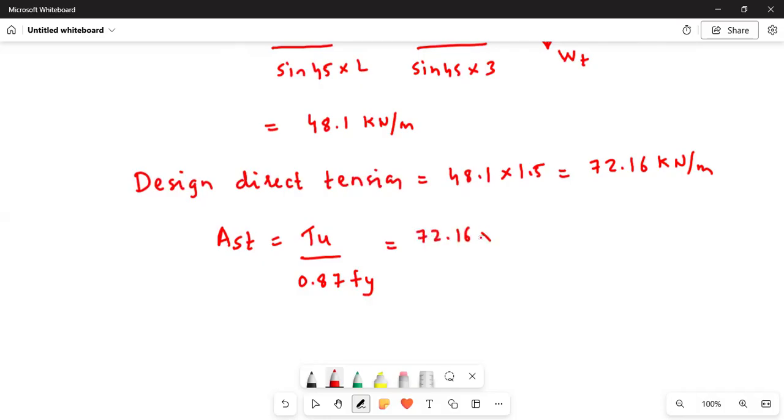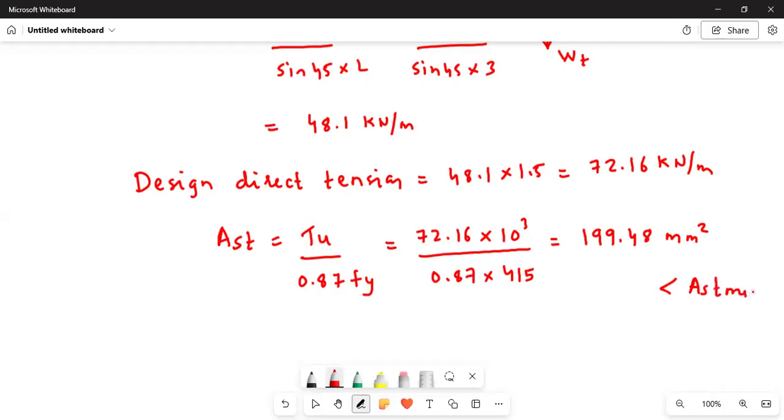So 72.16 into 10 to the power 3 divided by 0.87 into Fy, and the grade of steel that we are using is Fe 415, so Fy will be equal to 415. Okay, so the AST that you're getting is 199.48 mm square.